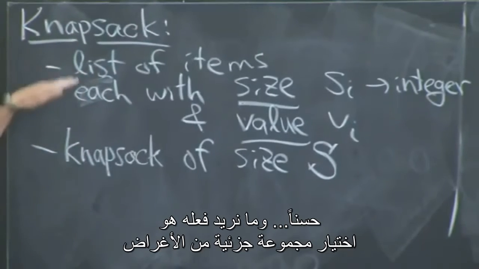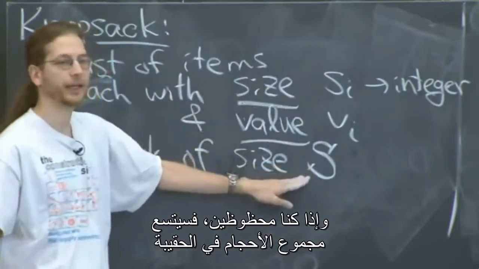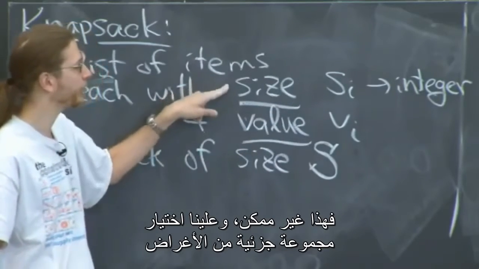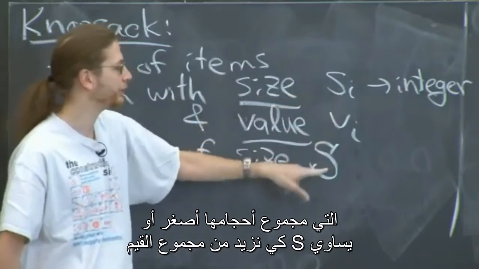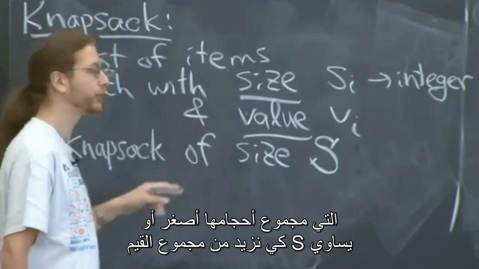Okay, and what you'd like to do is choose a subset of the items. If you're lucky, the sum of the s_i fit within S. Then you bring everything. If you're not lucky, that's not possible. You want to choose a subset of the items whose total size is less than or equal to S in order to maximize the sum of the values.